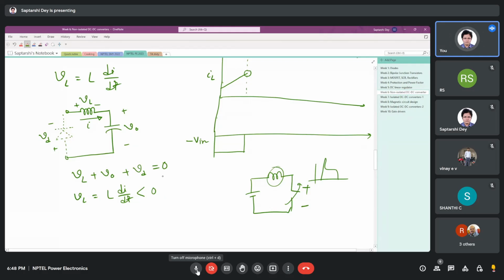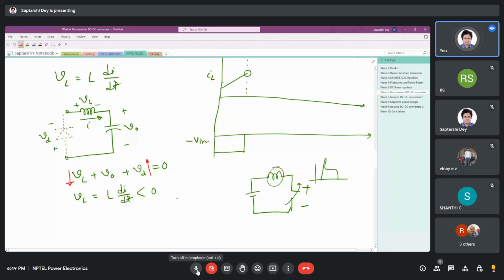This equation must hold good always. So VL suddenly tries to become very small. VO cannot reduce that fast because it has a capacitor. Capacitor voltage cannot reduce that fast. So the only thing that can happen is VD will now try to increase.